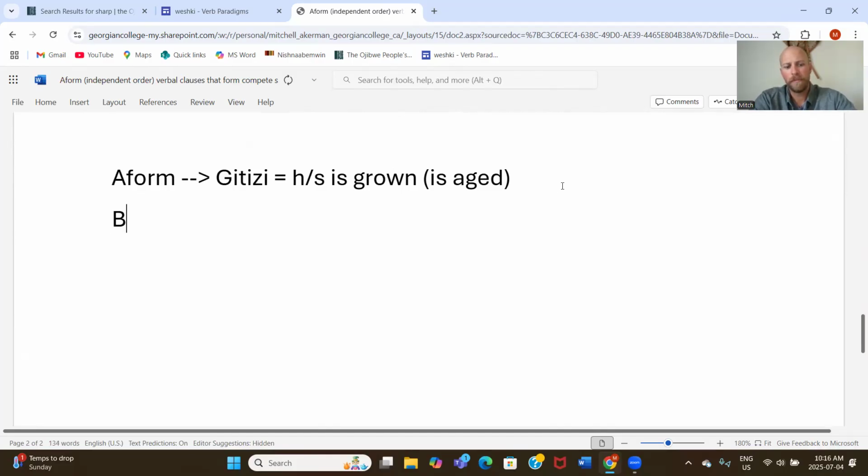In B form, still for that same actor, what happens to gettizi? We have to add something to it to put it into B form. What will it be? A D at the end. Gettizid, because now it's a dependent clause. When he or she is grown or aged or old.